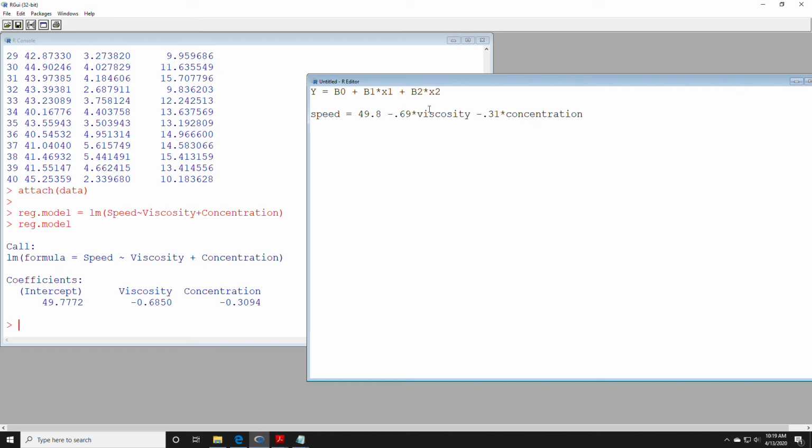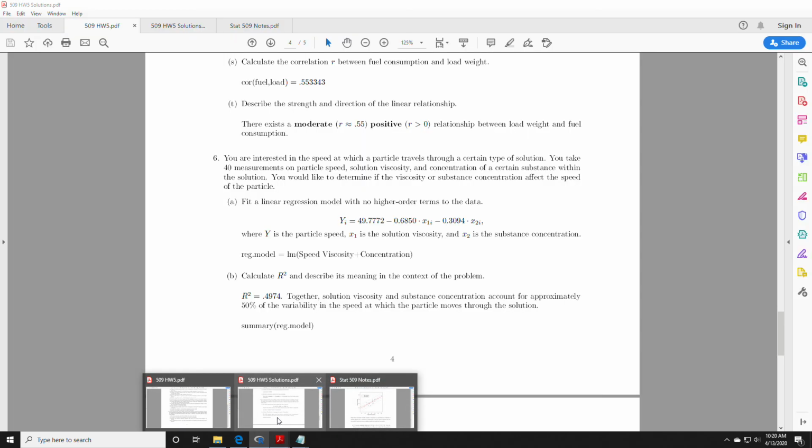Okay, there's my estimated model. If I've got a viscosity, plug it in, I've got a concentration, plug it in, and once I plug in those two values, put it with the intercept, and it spits out what I believe the particle speed will be.